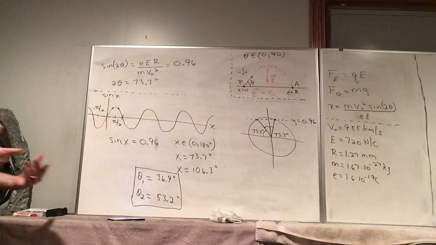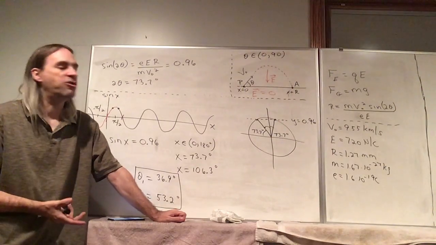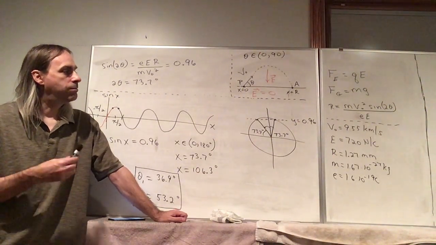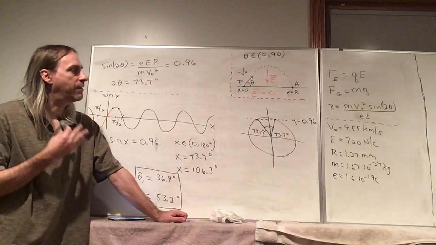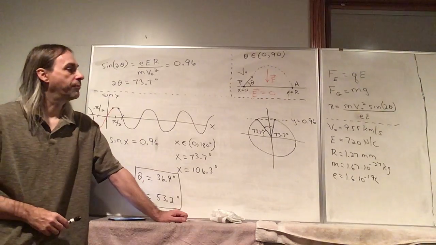So again, kind of a good problem, looking at the actual motion of a charged particle in an electric field. And always good to remind yourself, whenever you have an inverse trig function, you have to be careful.